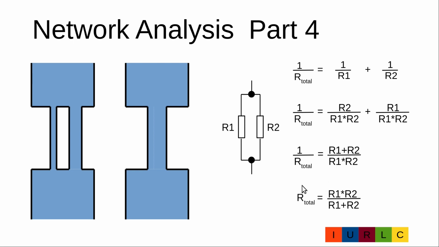And now we take the reciprocal of the complete formula and get R total is R1 multiplied with R2 divided by R1 plus R2. This formula was very helpful in the past because you have only one division.